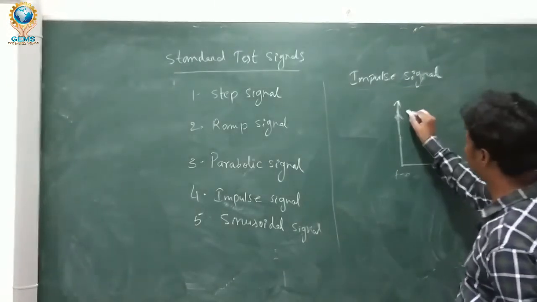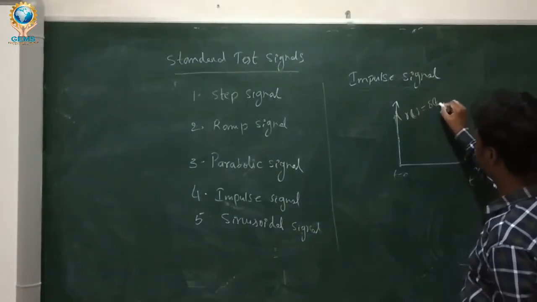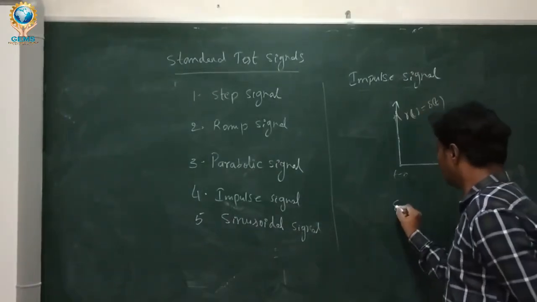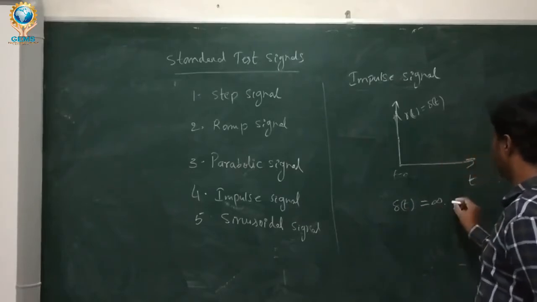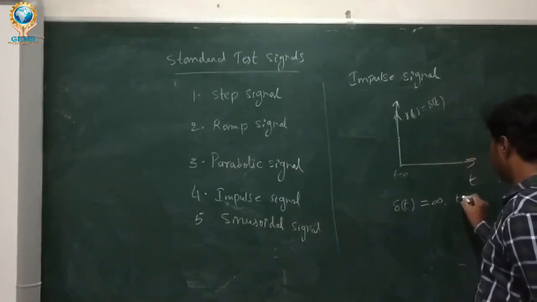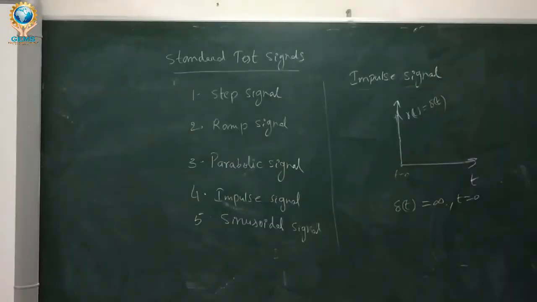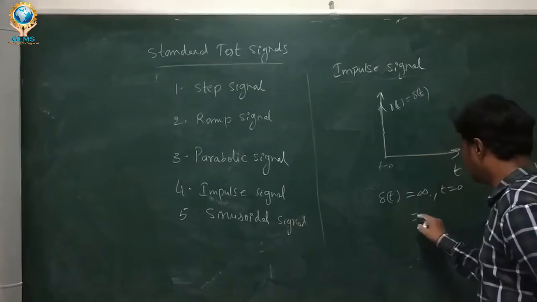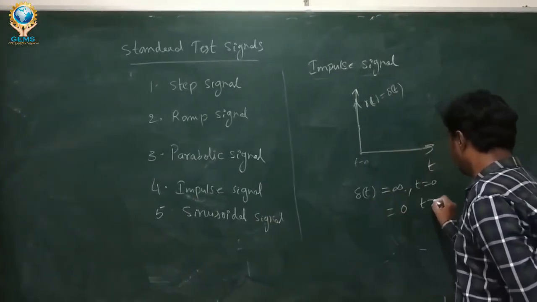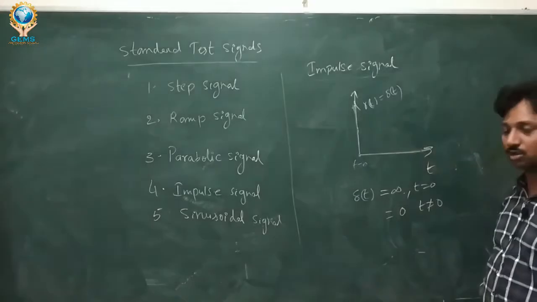For the impulse signal, R of t, I am going to represent as delta t. So delta t is equal to infinity when t is equal to 0, it has infinite magnitude. Then delta t is equal to 0 when t is not equal to 0, so at all other values delta t is equal to 0.